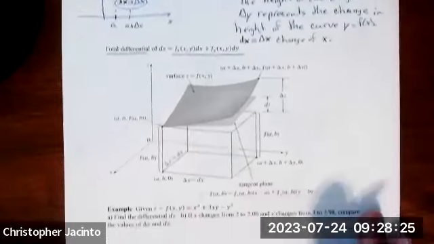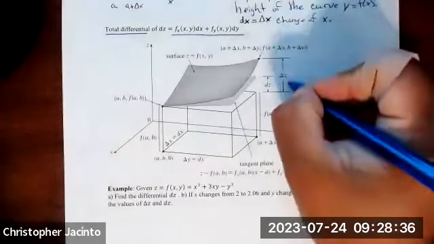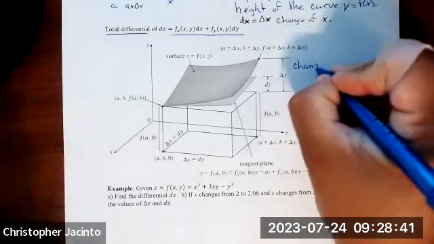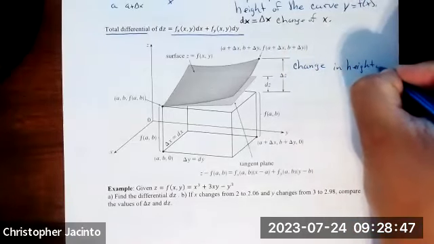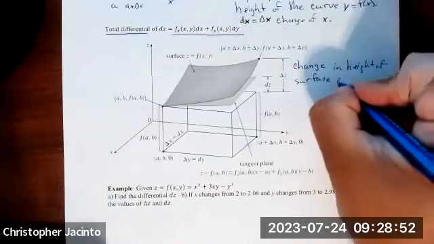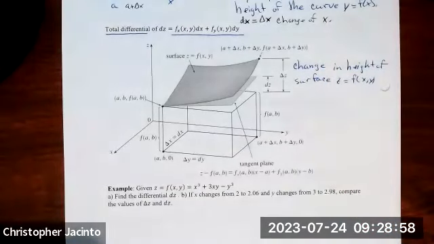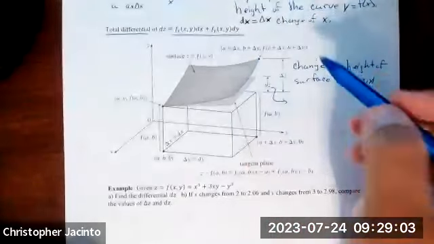And here's a picture to prove it. Now it looks more complicated, but it's the exact same process we just did above. Known as z or delta z, this is now, instead of y, the change in height. And then dz is the same process as dy above.